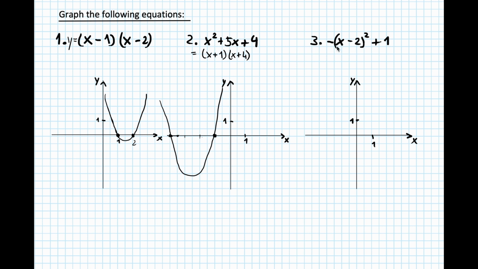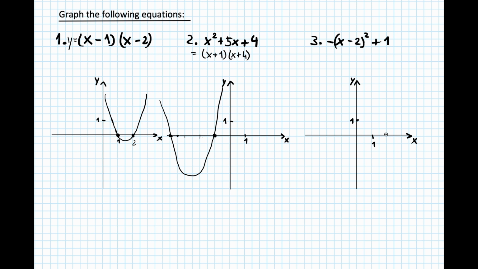And now number 3, we already have the final form, just have to draw it now. There's a minus, which means the parabola will be facing, or will be open on the bottom. And then -2 means there's a shift of 2 to the right, because if we plug in 2 for x, this term will be 0.